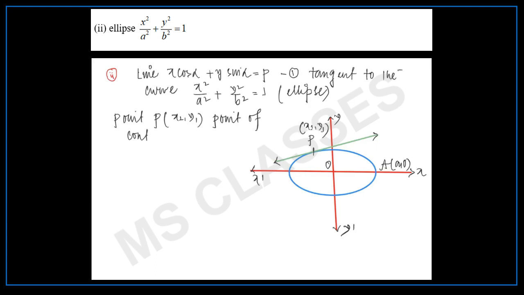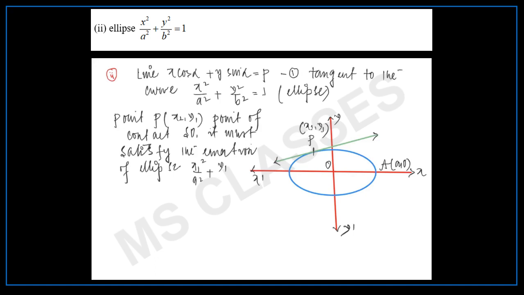It must satisfy the equation of the ellipse. So what we get? x1 square by a square plus y1 square by b square equal to 1. And we mark it as equation 2.